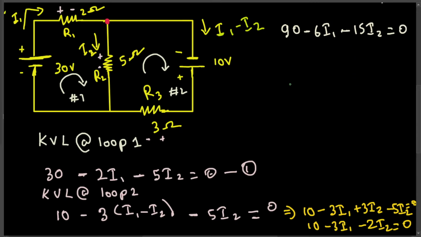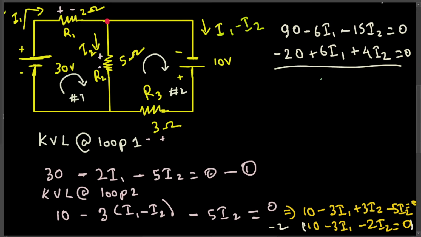So I'm going to multiply this one by negative 2. This is going to be negative 20, and then negative 2 times negative 3 I1, that's positive 6 I1, and then negative 2 times negative 2 I2, that is positive 4 I2. That's equal to 0. Now let's add them together.